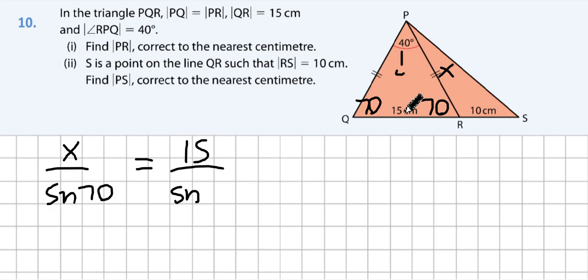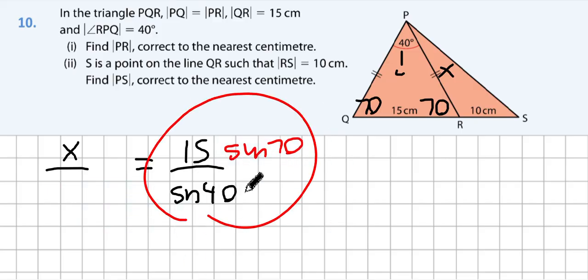No, it's not 70 who's fighting 15. 40. All right. So I think what we decided to do was the sine 70 needed to move, and it's division on the left, which made it multiplication on the right. Threw all that in, and we got x is 21.9.